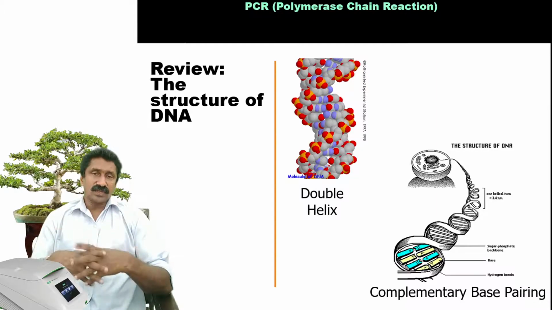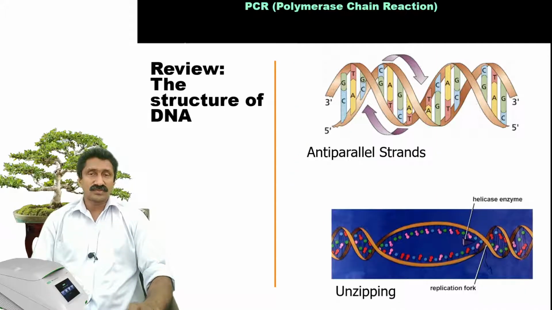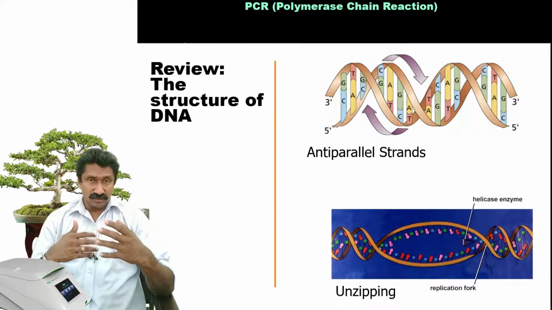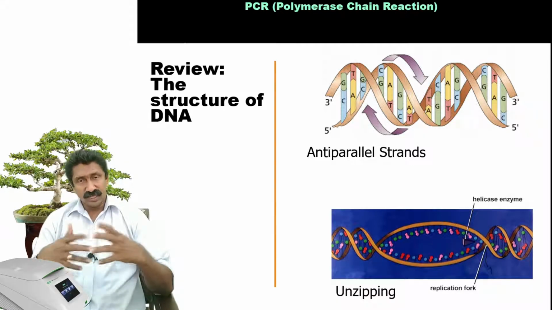Just let us review that one. DNA is a double helical structure, as you know, and DNA is having the complementary base pairing feature between the two anti-parallel strands. So the strands were anti-parallel, and there is complementary base pairing, that is ATGC pairing in case of a DNA.